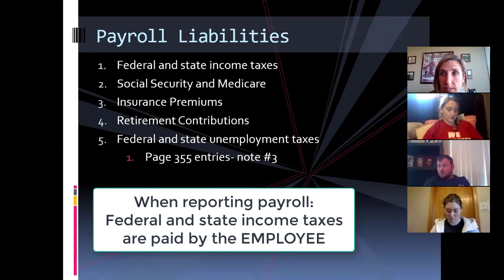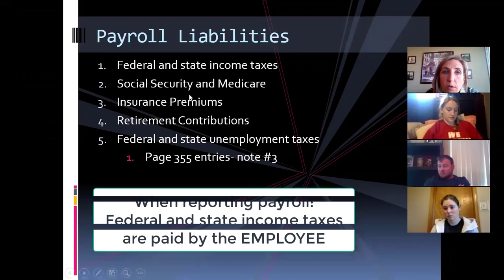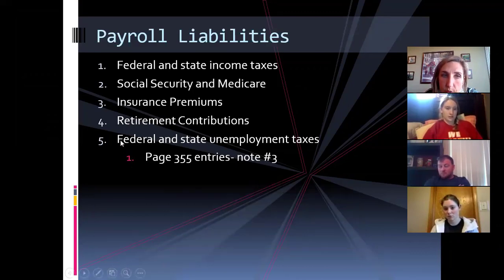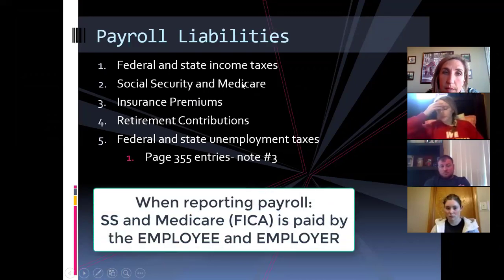Until they file their tax return and see if they owe money or if they have to get a refund. So all of these things, except for the last number 5 here, are things that are really your employee's money. Social Security and Medicare is a weird one because it is paid by the employee and the employer.